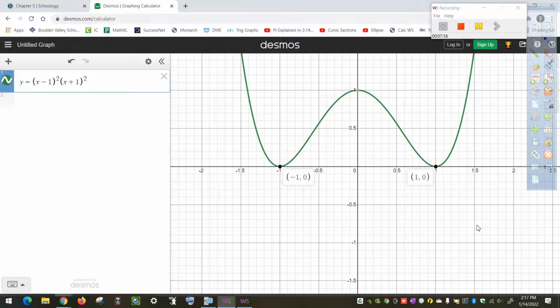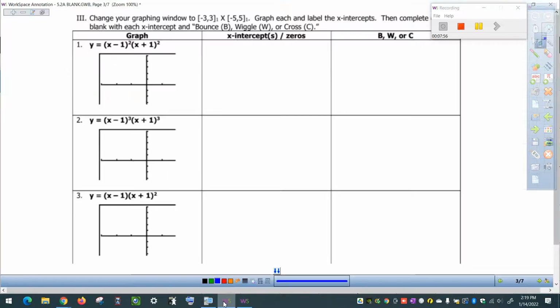That's a bounce. Okay, let's talk about this one over here, because we're just specifically looking at what happens at the x-intercept. What's happening on this one? Bounce. Another bounce. Okay, so anytime it touches and it turns around, we will label it as a bounce.